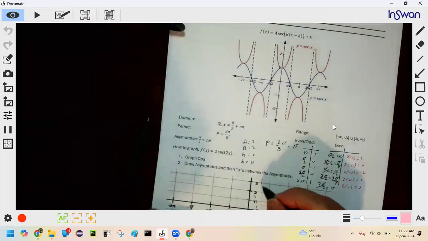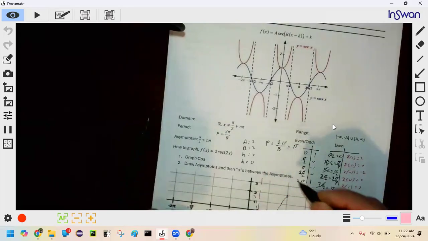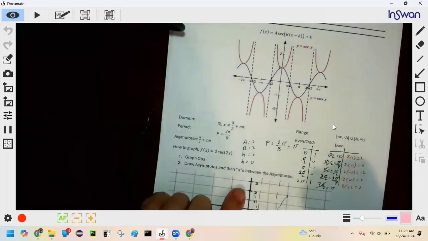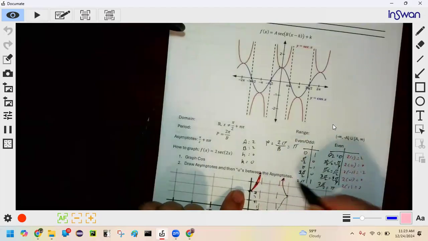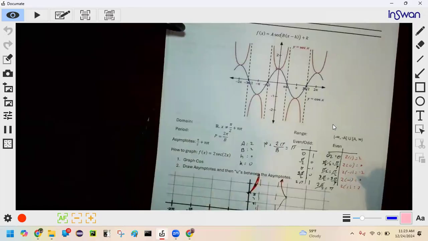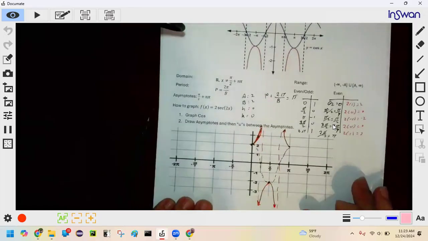And on top of that, we're going to build the secant graph. So I have asymptotes here. We're going to hug those asymptotes just like that. On the left and right side, what we typically do is just draw half a U here. This is one period. You can extend this out as far as you need to. This is one period right here.